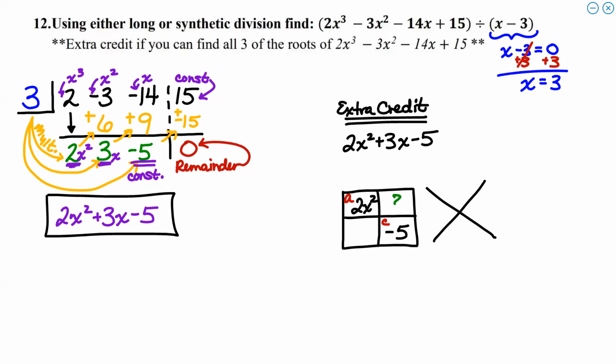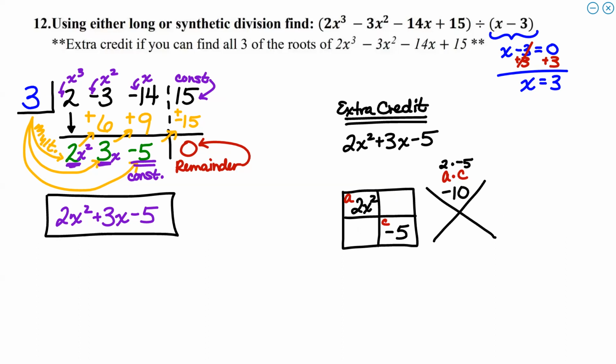How do I find out what goes in these two spots? That's what the x is for. So I take the coefficients on a and c, and I multiply them together. What are the numbers I'm multiplying here? 2 and negative 5. What do I get when I multiply those? Negative 10.